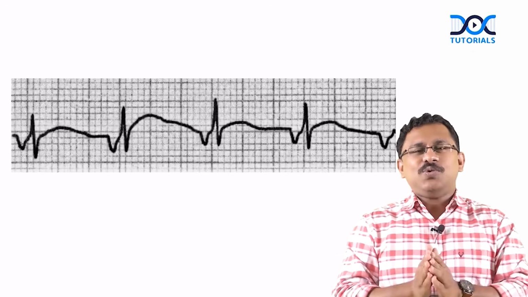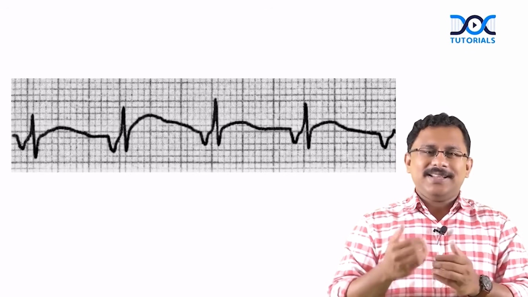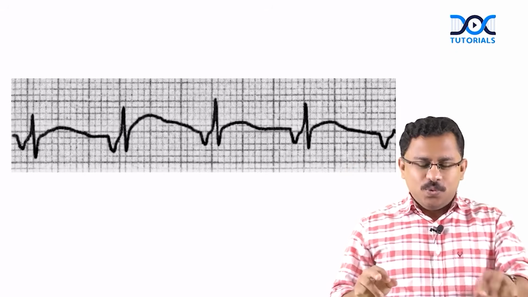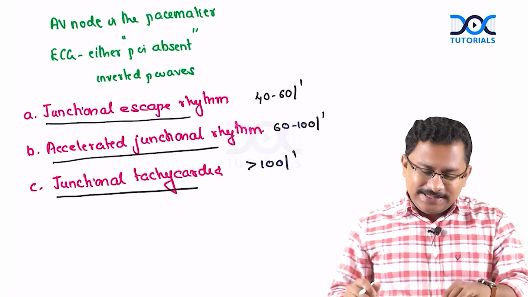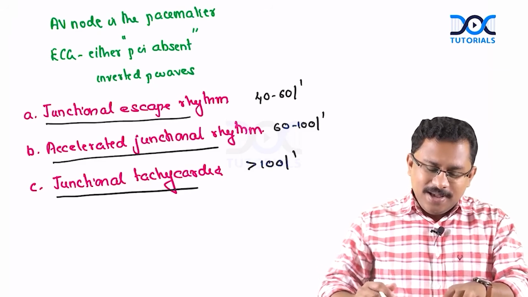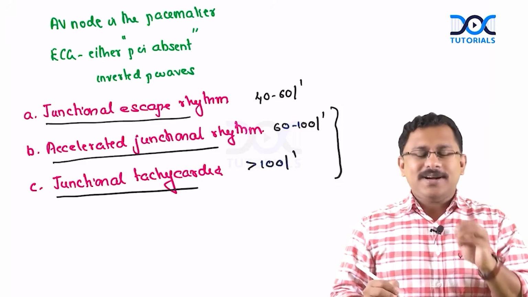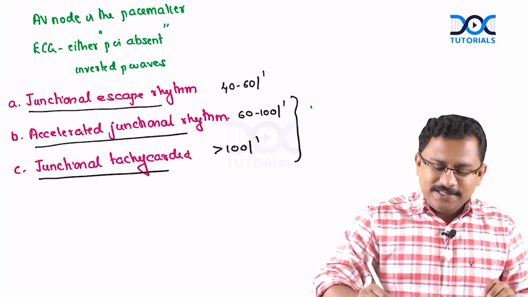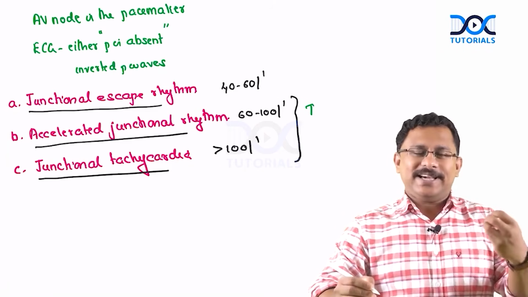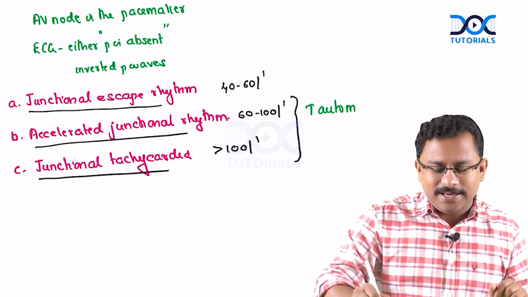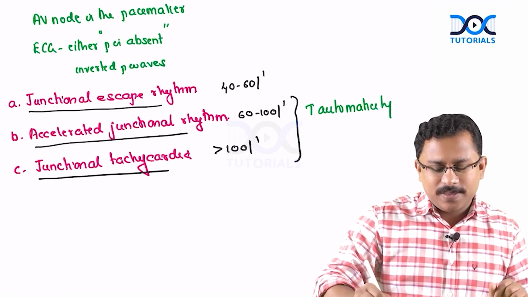But the accelerated junctional rhythm as well as junctional tachycardia occur not just because of a sinus disease, but because of increased automaticity of the AV node.